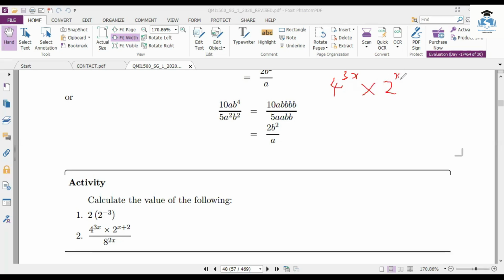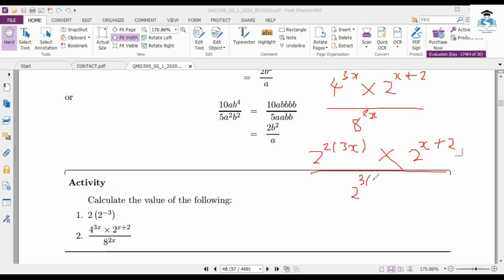We're going to say 2 to the power 2x plus 3, multiplied by 2 to the power x plus 2, all over 2 to the power 3 in brackets 2x.